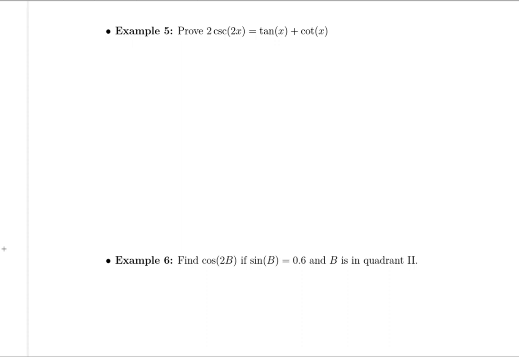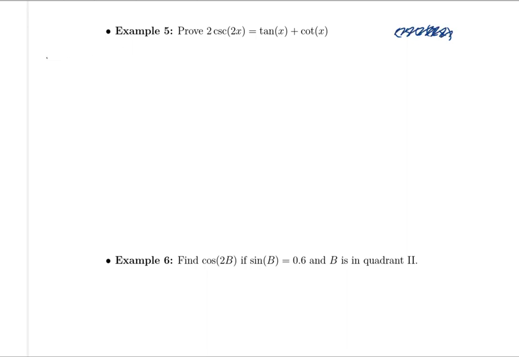And you might look at the cosecant of 2x and say, well, okay, what's that? But this might be one that might be good to work on both sides at the same time.